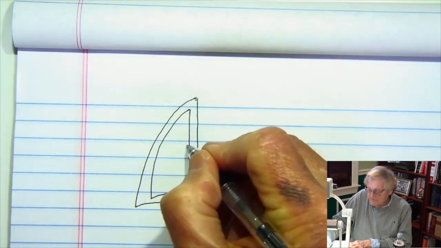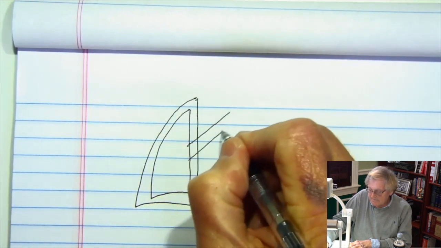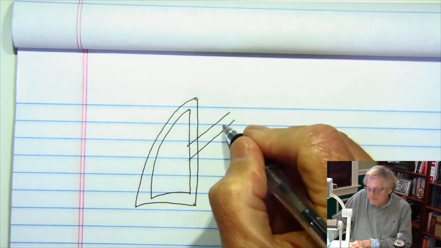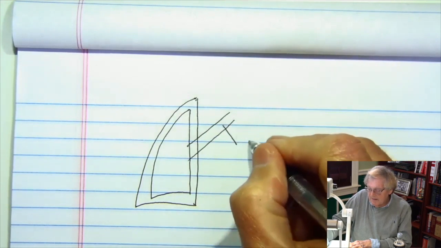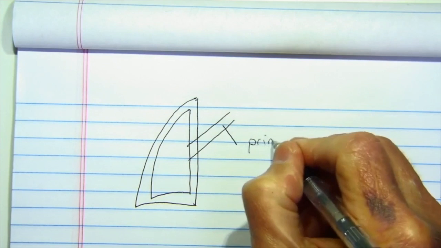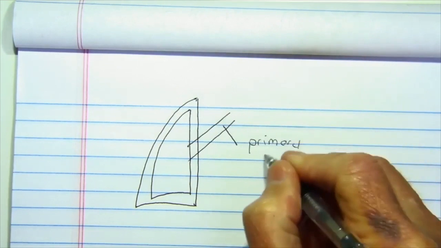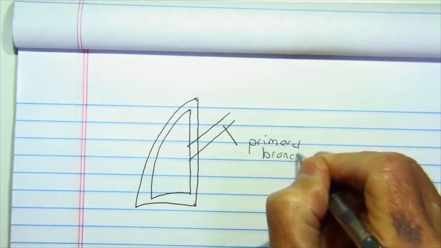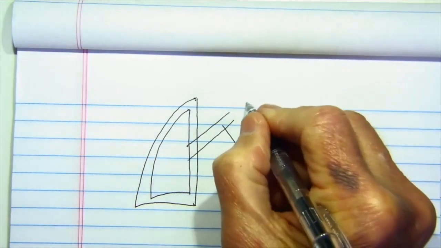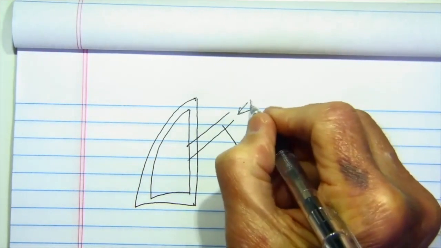And then I'm going to have a tube coming into that. So if we said, what's this tube? That would be my primary bronchus. That's bringing air in and bringing air out.